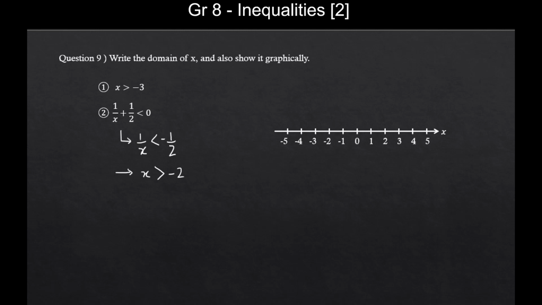Now let's show it graphically. Again, orange line for the first inequality. Greater than minus 3, so it should go this way. So this region. The green line, x is greater than negative 2, so it's gonna also head this way.